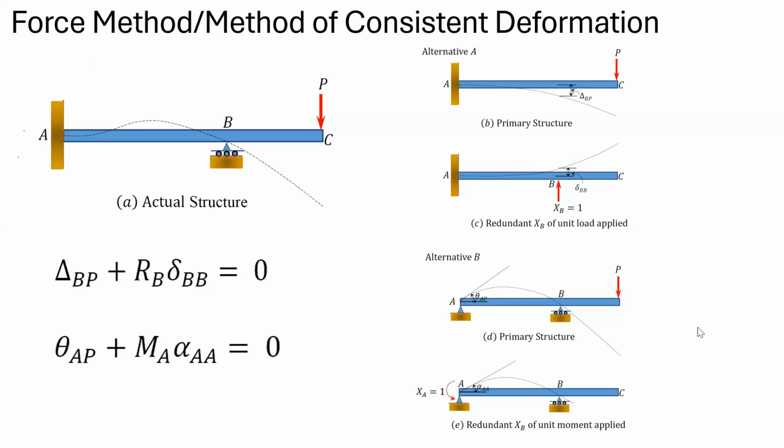That new equation is useful to obtain the value of RB. Once we get RB, by using the equilibrium equations, you can also calculate the reactive moment and RA.